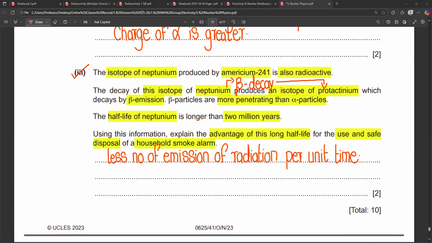So for the other mark, we can say that if you are using this element in your smoke alarm system, you can use this smoke alarm system for a long time and it is also not harmful to humans, right?